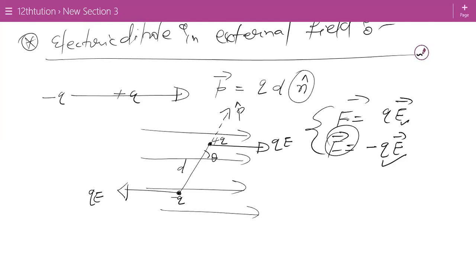The question was this: there is a force QE on the negative side, and a positive QE on the positive side. They are the same force in opposite directions, so they should cancel each other. So the net force on the dipole is 0.